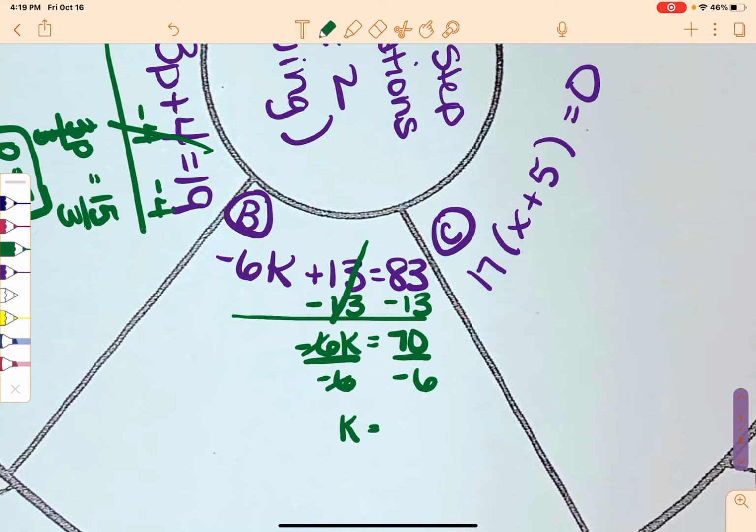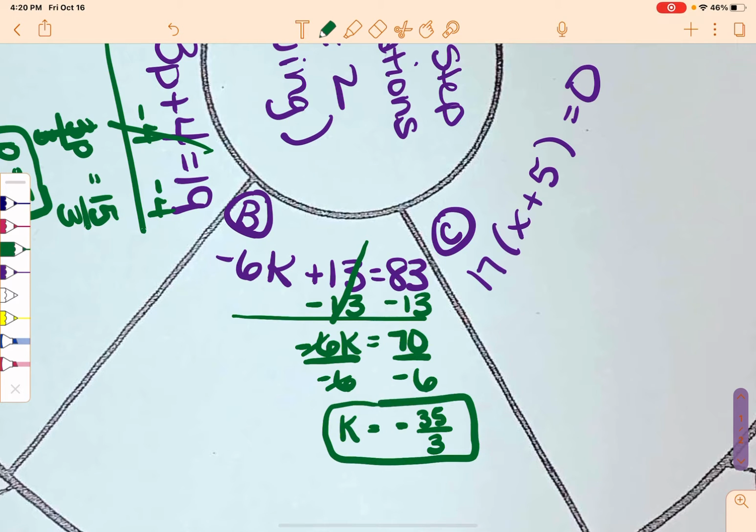And I know already that if I put 70 over negative 6 on my calculator, it's not going to give me a whole number, but it will reduce to negative 35 over 3. So that's my final answer. Now listen, some of these are going to come out evenly, like a whole number. Some of them aren't. So you've got to have a strategy for all of it.